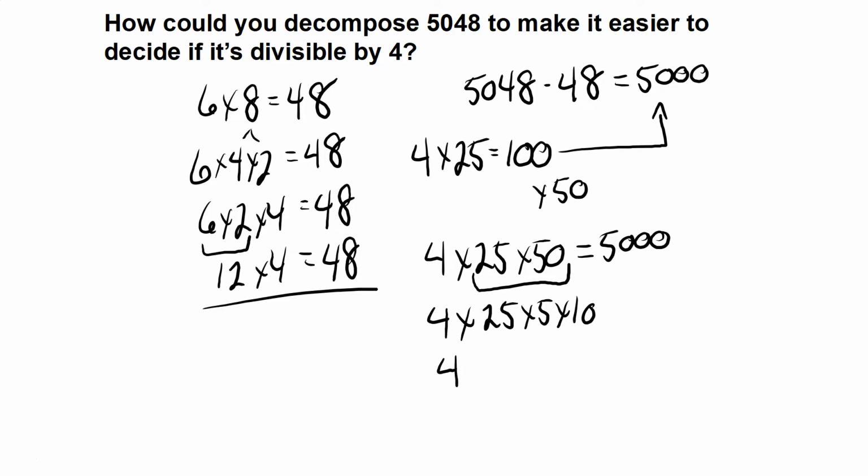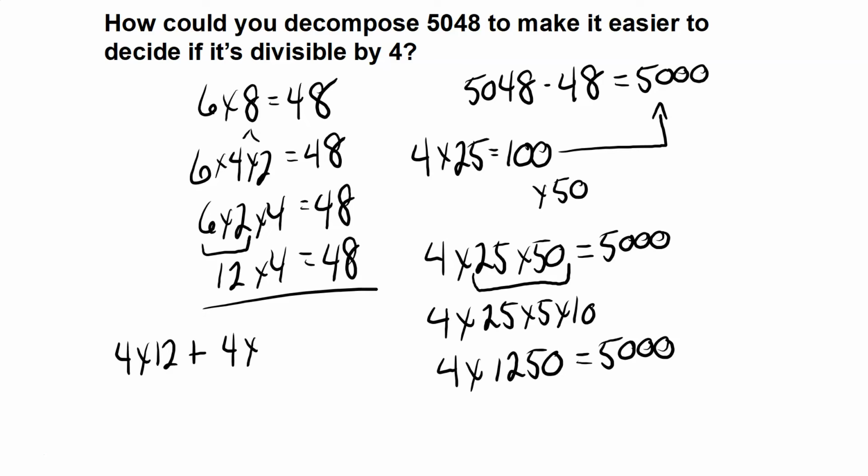So what we really end up with then is 4 times 1,250 is equal to 5,000. So what I end up with is 4 times 12 plus 4 times 1,250 is equal to 5,048.